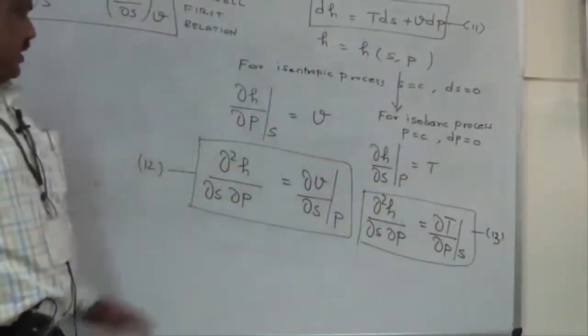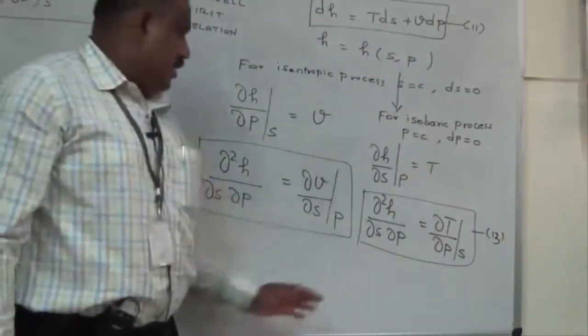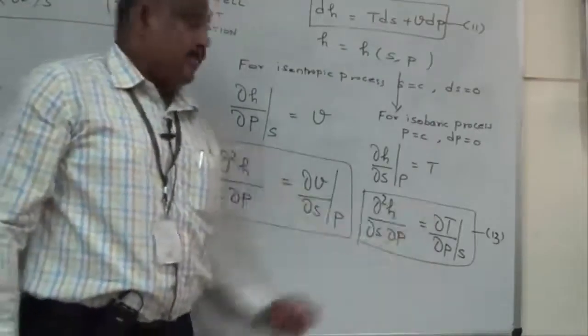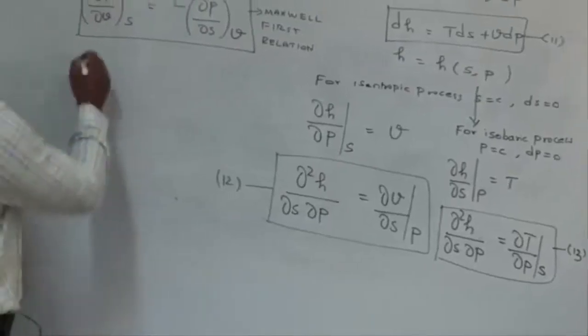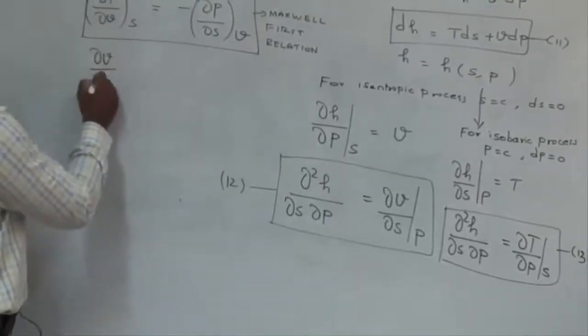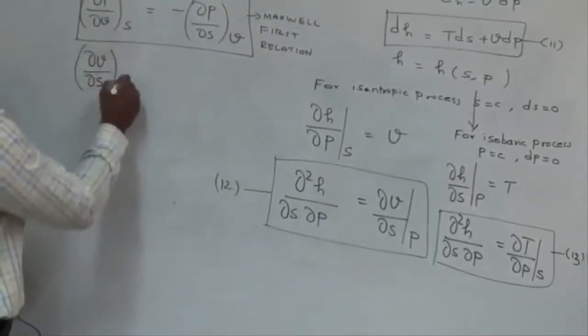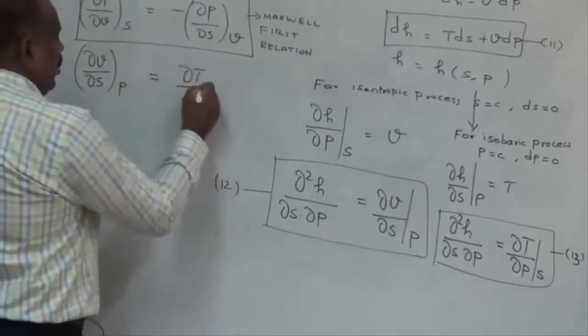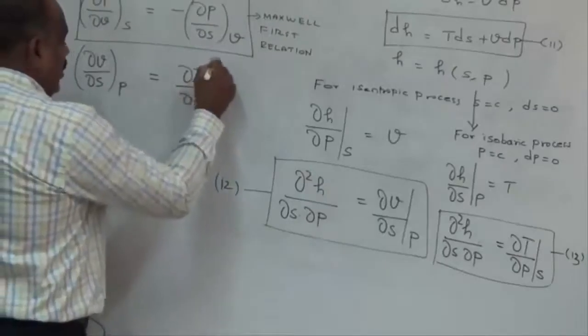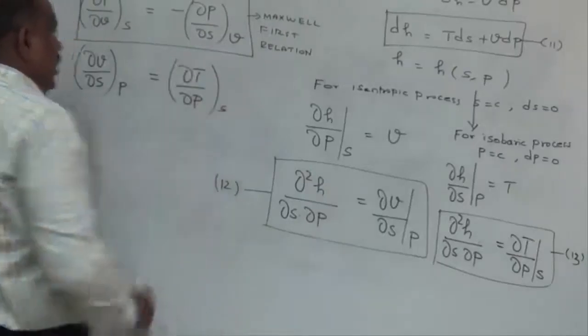From these two expressions we can see the left hand sides are equal, which means the right hand sides should be equal. Which says that ∂V/∂S at constant pressure should be equal to ∂T/∂P at constant entropy.